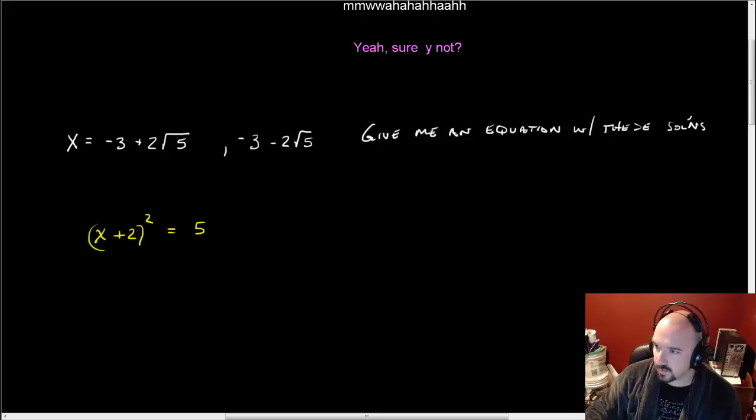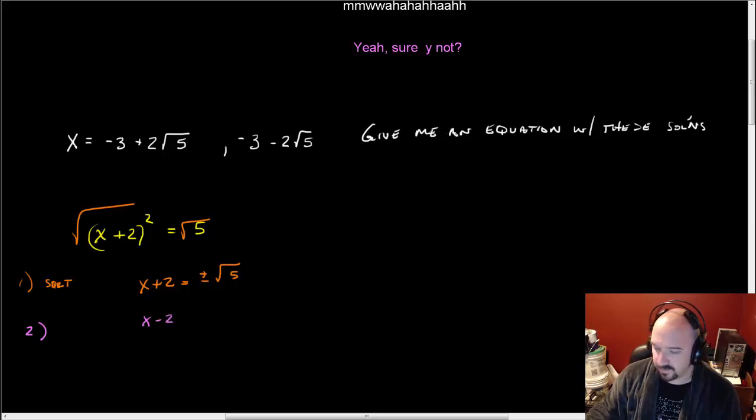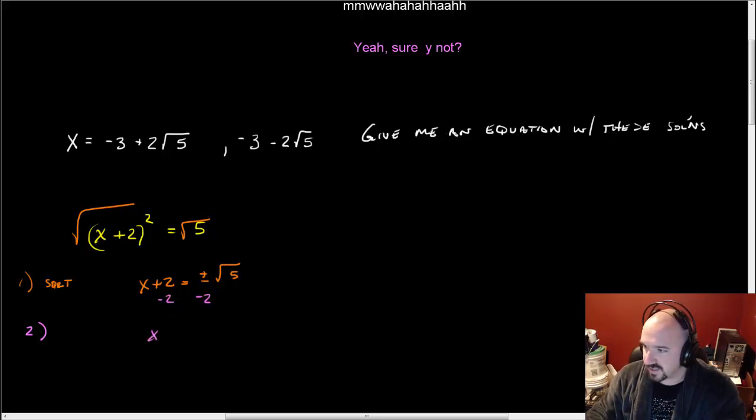So one, we took the square root, and that gave us x plus 2 is equal to plus or minus the square root of 5. And then two, we subtracted 2 from both sides, which gives us x is equal to -2 plus or minus root of 5.